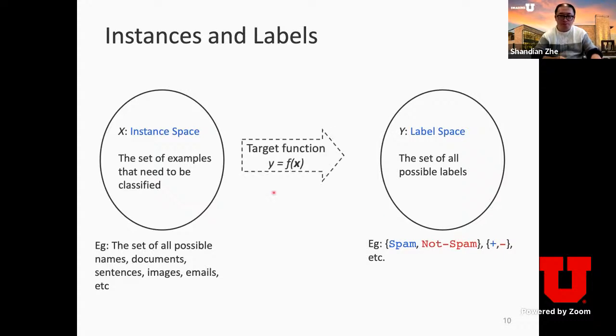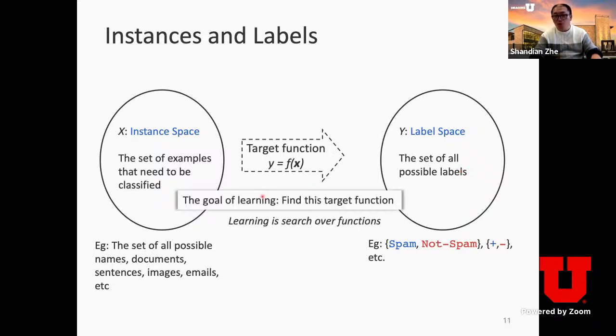And then our underlying assumption is that there is a target function, y equals f of x, which can map each instance in an instance space to a particular label in the label space. And the goal of learning is to find out this target function or find a good approximation to this target function.